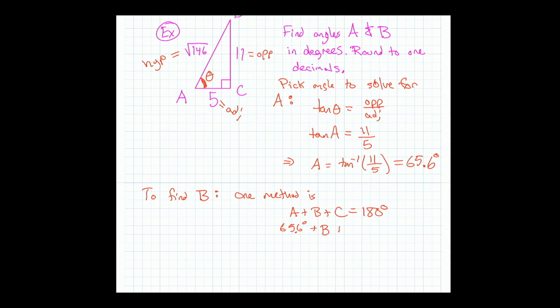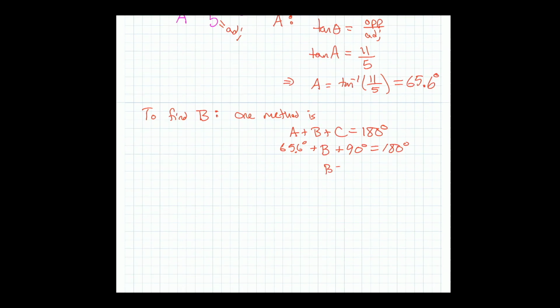B we don't know. C is 90. So B is 180 minus 90 minus 65.6. Again, I'm going to use my hand calculator here because it's faster for this. So you get B is 24.4 degrees.